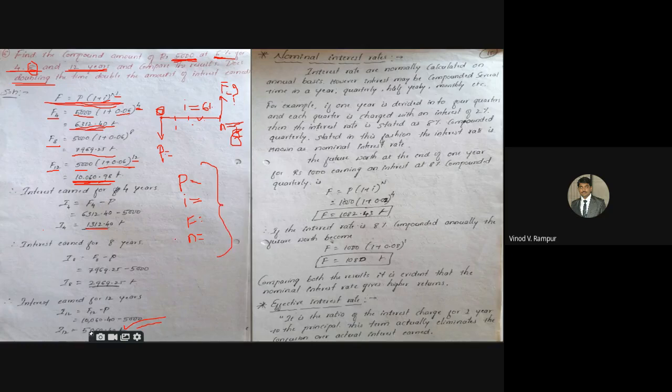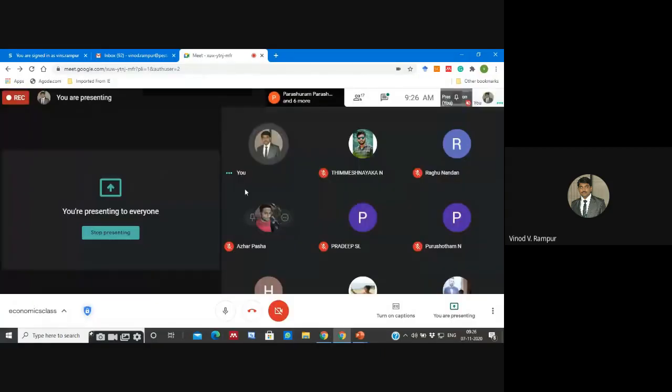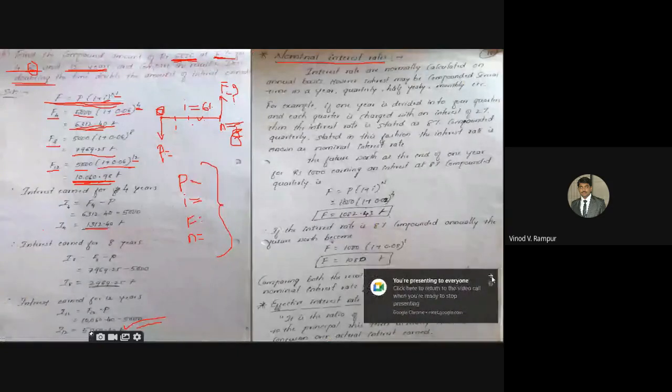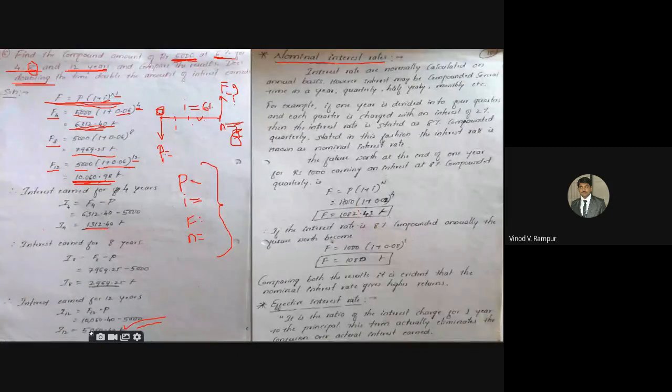Now moving to the next one, that is the nominal interest rate. Just now we said simple interest, compound interest, ordinary simple interest, exact simple interest. Then what do we mean by nominal interest rate?